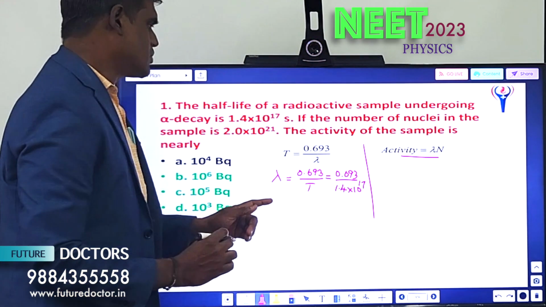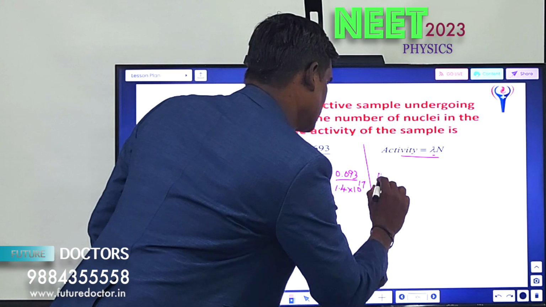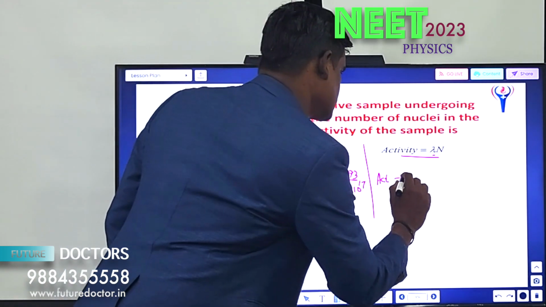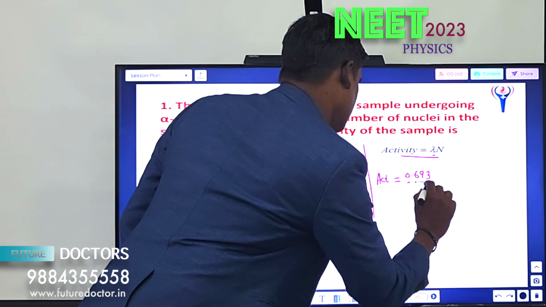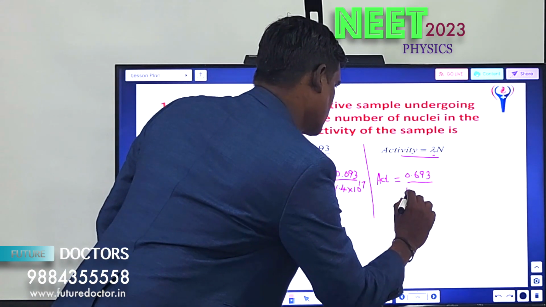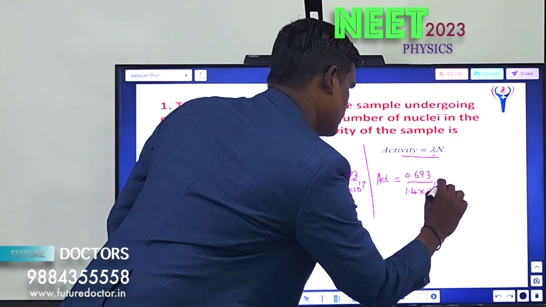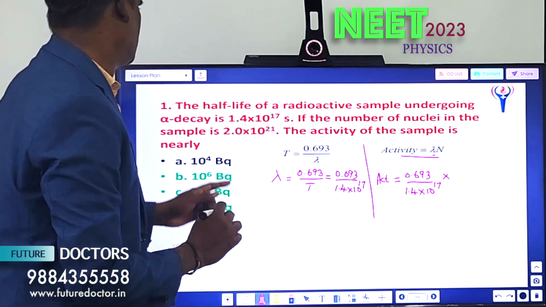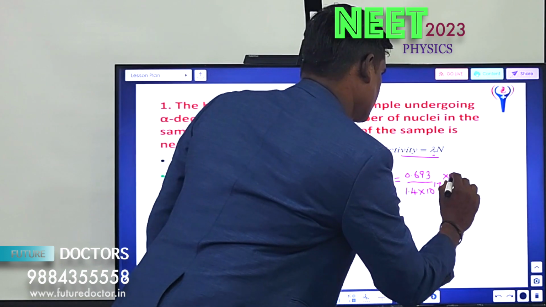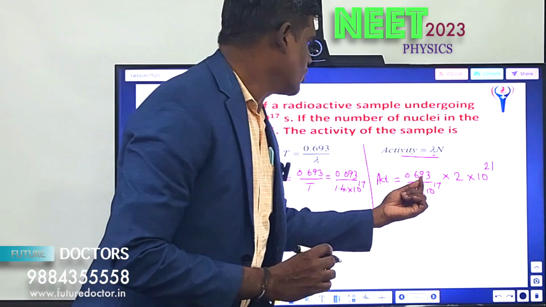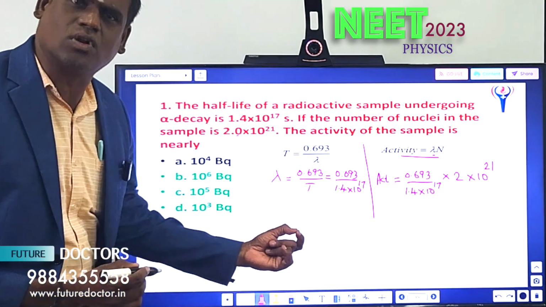Then substitute this lambda value in the activity, activity equal to lambda N, which is 0.693 divided by 1.4 into 10 power 17 into N. N is 2 into 10 power 21. Then 2 into 0.693. This 0.693 you can keep approximately as 0.7.